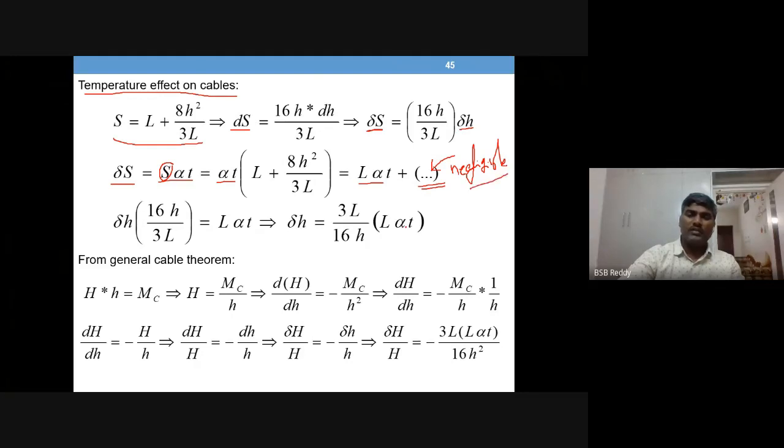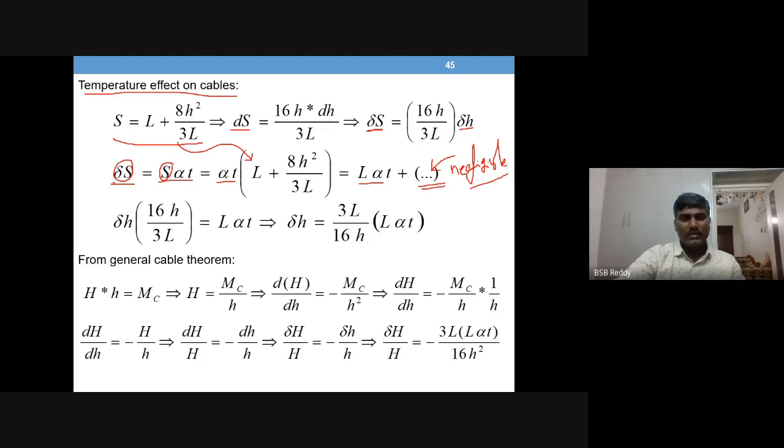So what is on the left hand side, what is on the right hand side? Delta S is equal to S alpha T, where S is substituted. So L alpha T remains, and the second term we neglect.